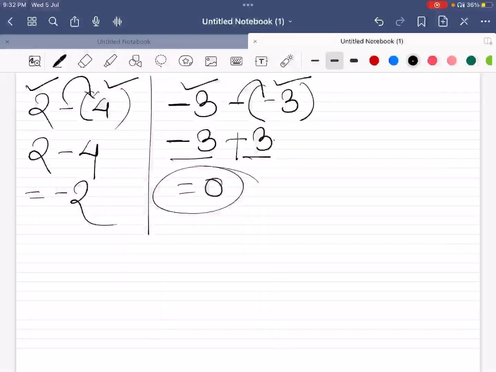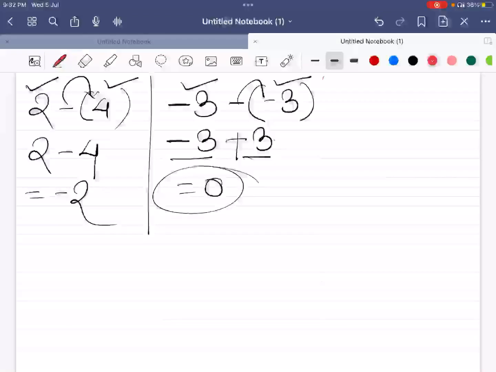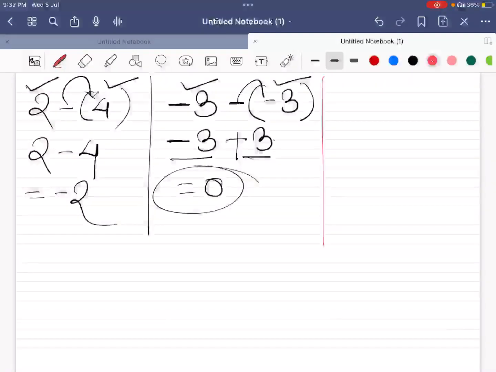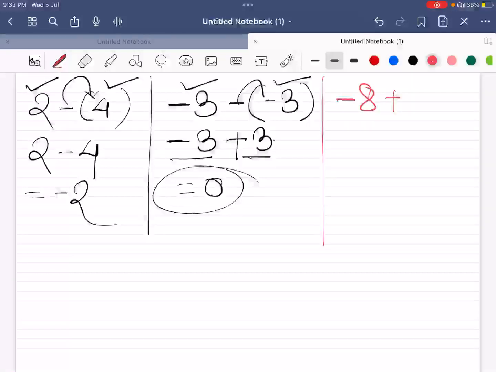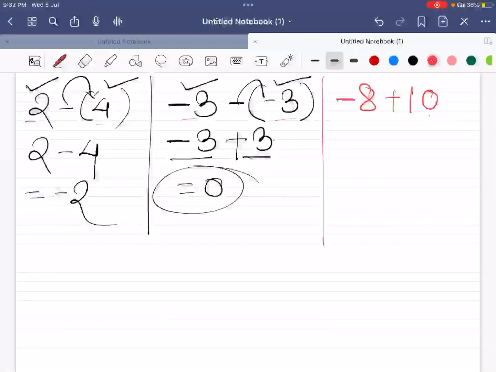third condition is like that, if the first number is negative, take example minus 8, and the second number is positive. Clear? So first is negative, second is positive. So initially positive, positive, negative, negative.